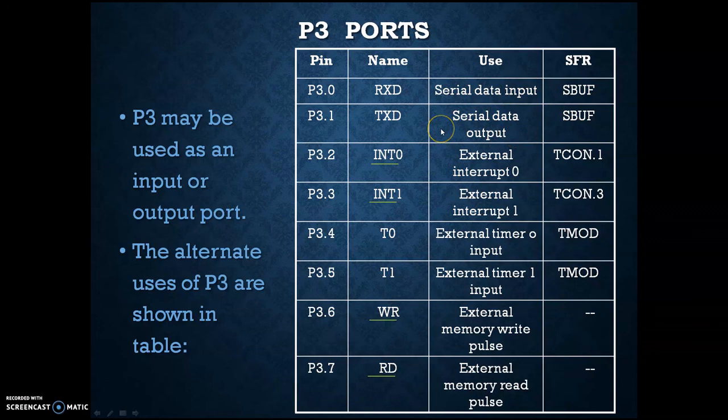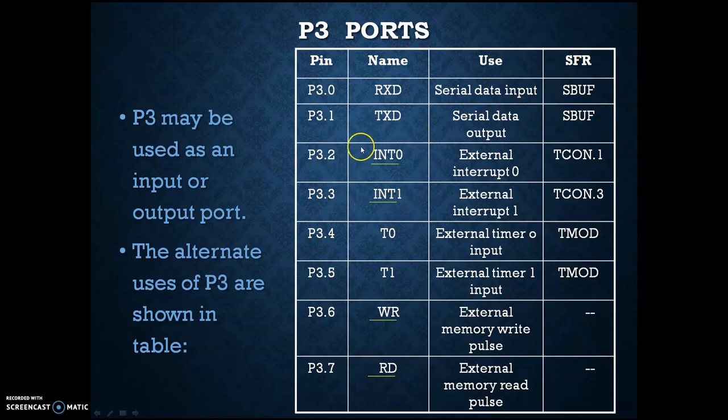For transmission, it acts as an output, and for reception, it acts as an input. Both pins are related to SBUF, the serial buffer register. This is a special function register. SFR means special function registers.